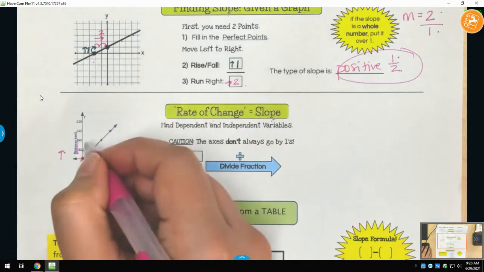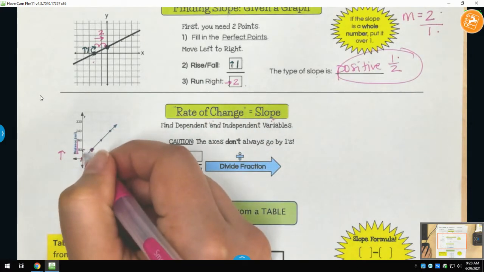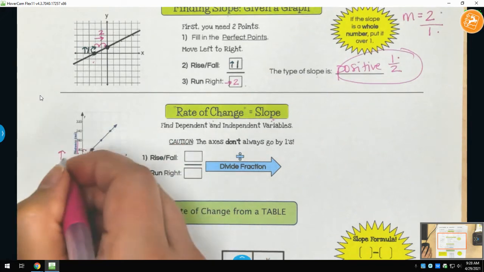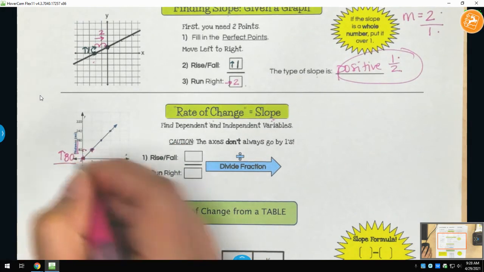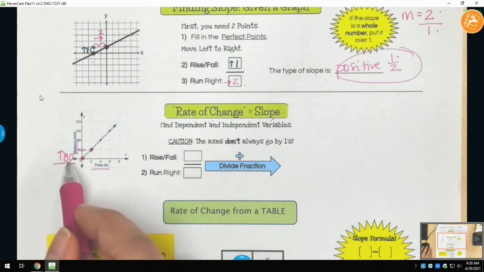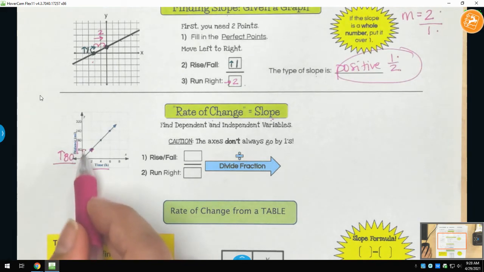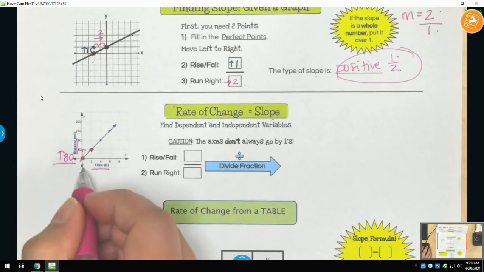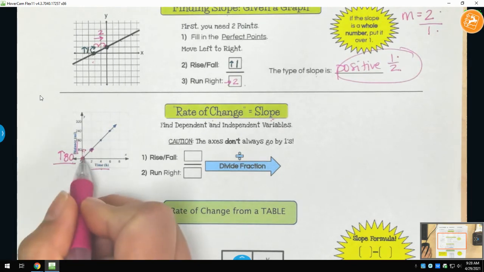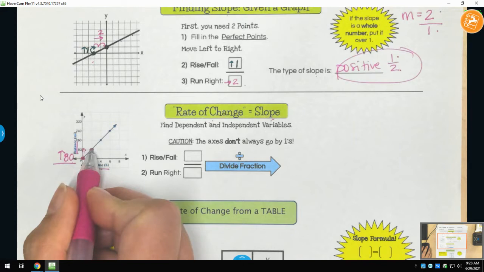But if you really look at what we're counting by, I went from 0 to 80. So I actually, according to this graph, I went up 80. That's what 1 unit stands for. So that's what's important, what's on the axes. From here, on my time, again, it looks like I went over 1, right?